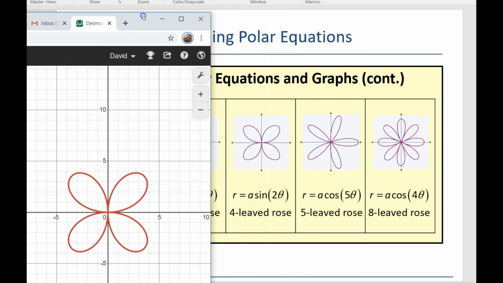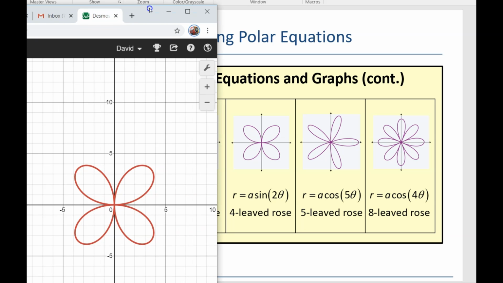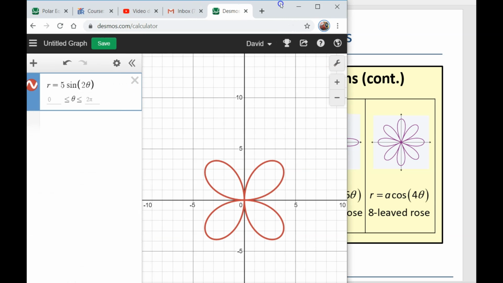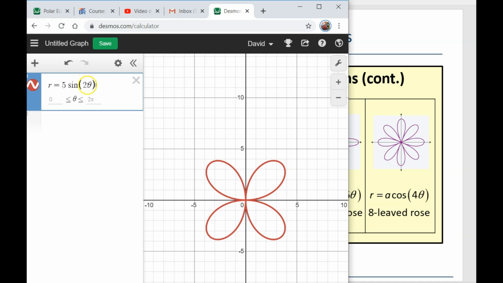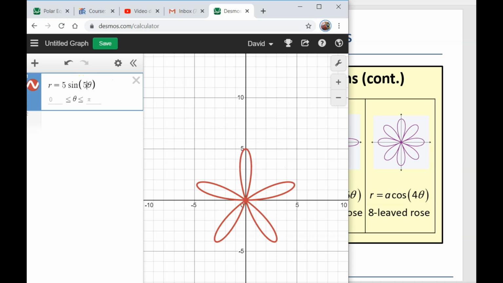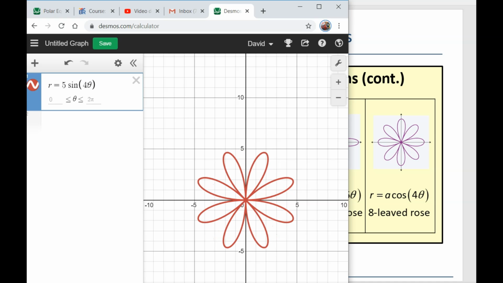They call these roses. So that's 2 theta, and then if I did something like 5 theta, there's a 5-leaf rose, 8-leaf rose, and I could switch this to cosine.